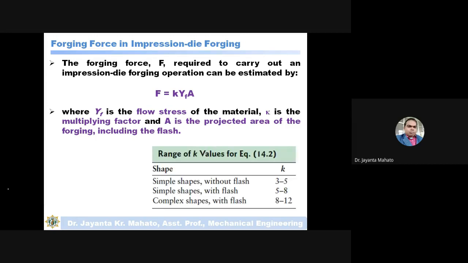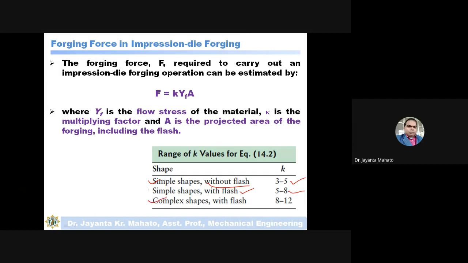So this is the constant K value. For simple shapes without flash, the K value will be 3 to 5. And if simple shapes but with flash, then the K value is between 5 to 8.